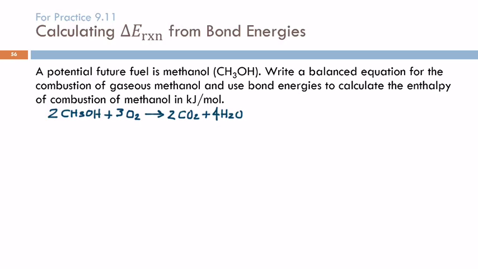Okay, so we wrote the balanced chemical equation. Use bond energies to calculate the enthalpy of combustion. There's 2 approaches to this. You can look at actual bonds that are being broken and formed, or you can say, I don't want to worry about it. I'd rather just pretend that I'm breaking all the bonds and forming all the bonds.